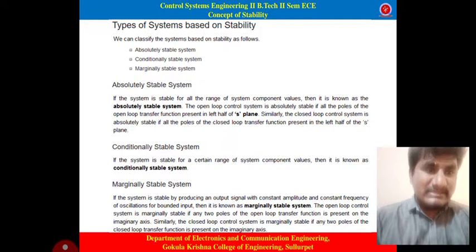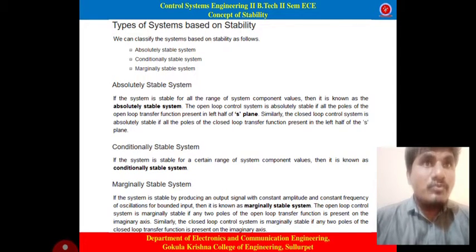For example, if the input is an alternating signal, the output value will vary with time. For stable systems, the output decays to zero after a certain amount of time.